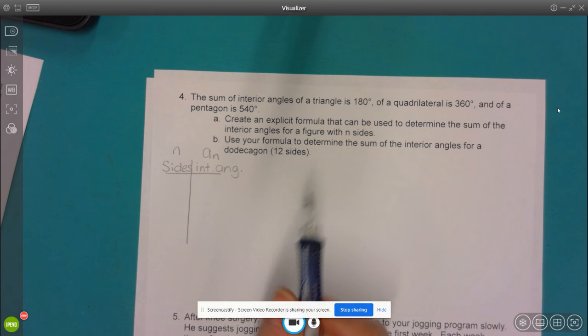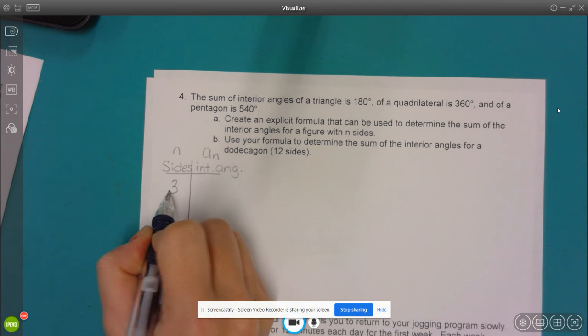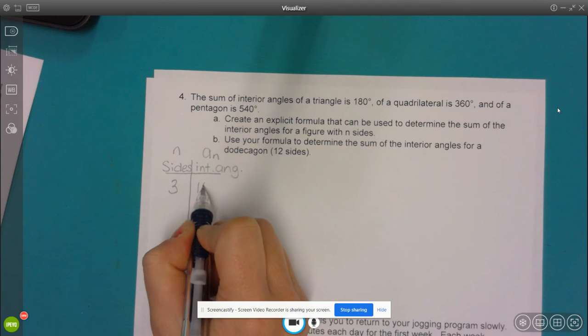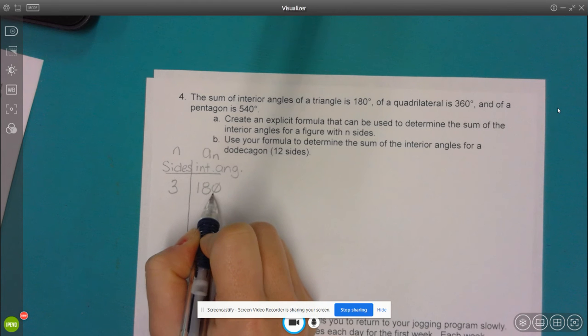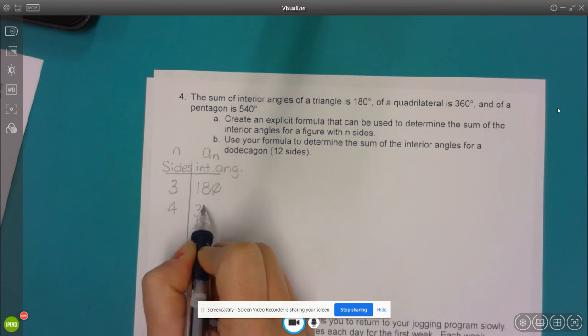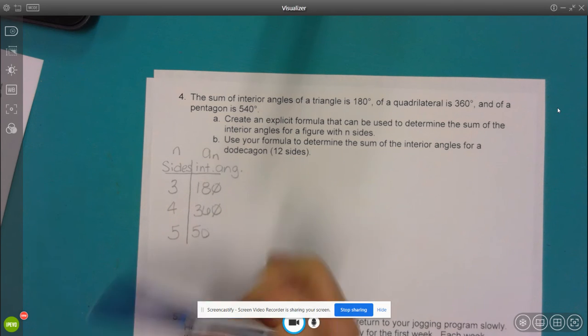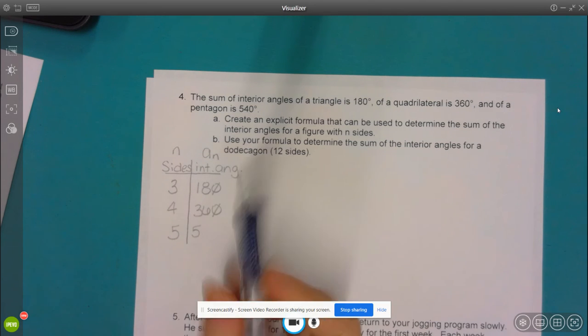So a triangle has 3 sides, and the interior angle is 180 degrees. Quadrilateral has 4 sides, with interior angles adding up to 360 degrees. And a pentagon has 5 sides, and they add up to 540.